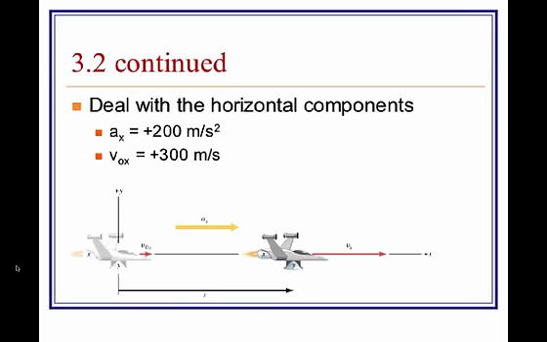Let's start by dealing with the components in the horizontal direction. One of the nice things about problems in two dimensions is that you can split each part into its own components, x and y, and look at them separately. You don't have to worry about each part at the same time. You can look at them individually. Here we have our spaceship with an initial velocity of 300 meters per second and an acceleration in the x direction of 200 meters per second squared.